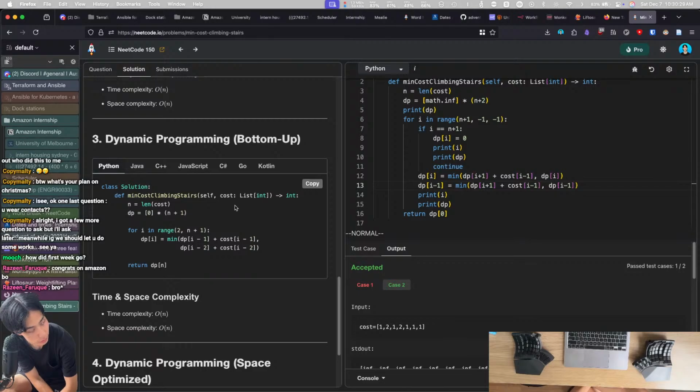So this is like going from bottom to top of the staircase. So you start from 2, you don't start from 1, because you can minus 2. Okay, I can understand that.